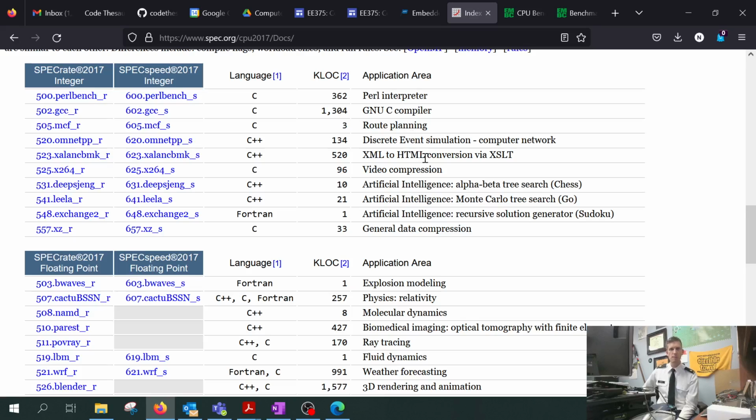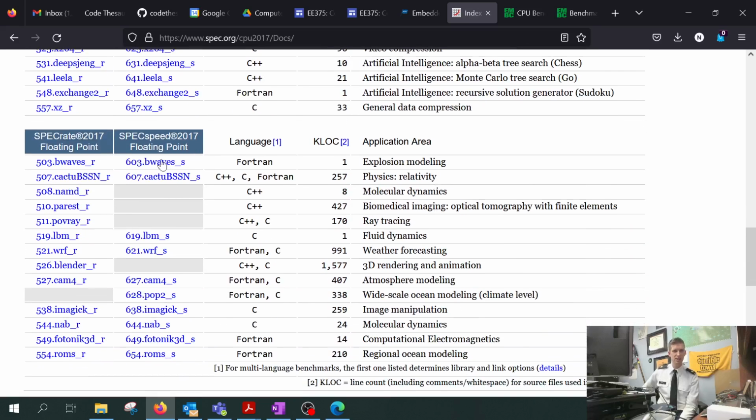They are meant to be programs that are very difficult for processors to compute and have hopefully been engineered in such a way that how long it takes the processor to do them is a direct correlation of how fast they're able to execute it. So they do really difficult things like route planning and artificial intelligence.